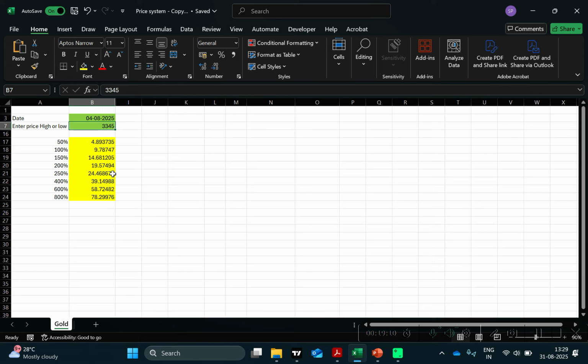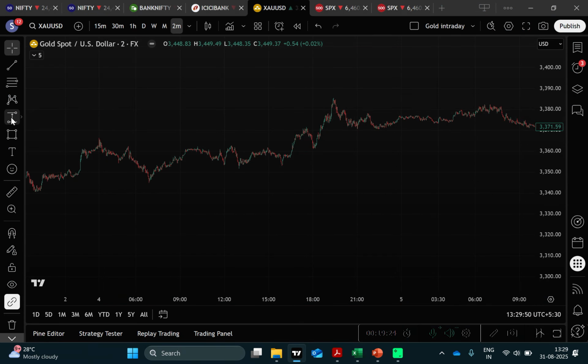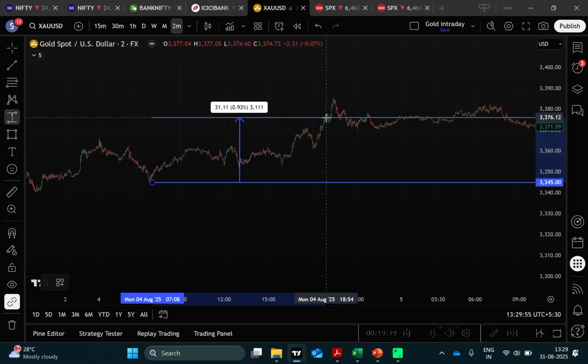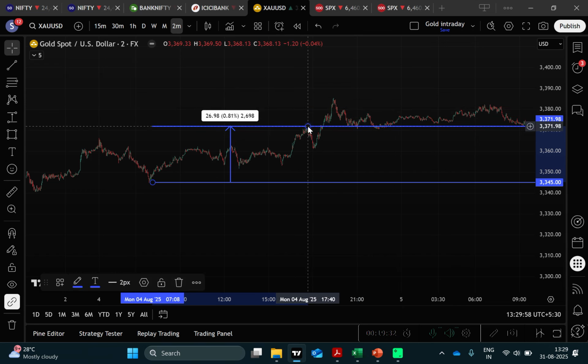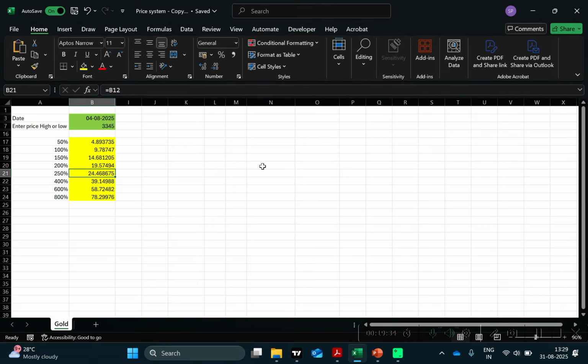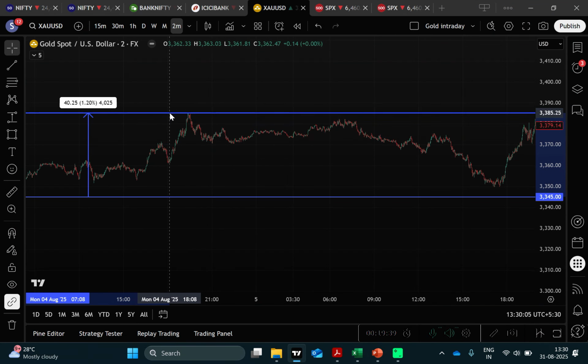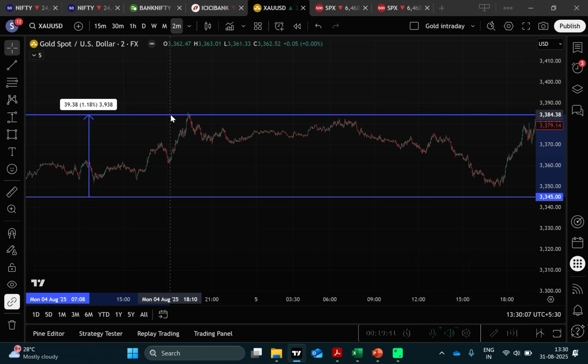Okay, again my range is a little less that day. 9 points is my range, but I need something more than 20-25 points. So let's start from 25, 39, 58. 25 is this one, then 39. 39, exactly right on the head.